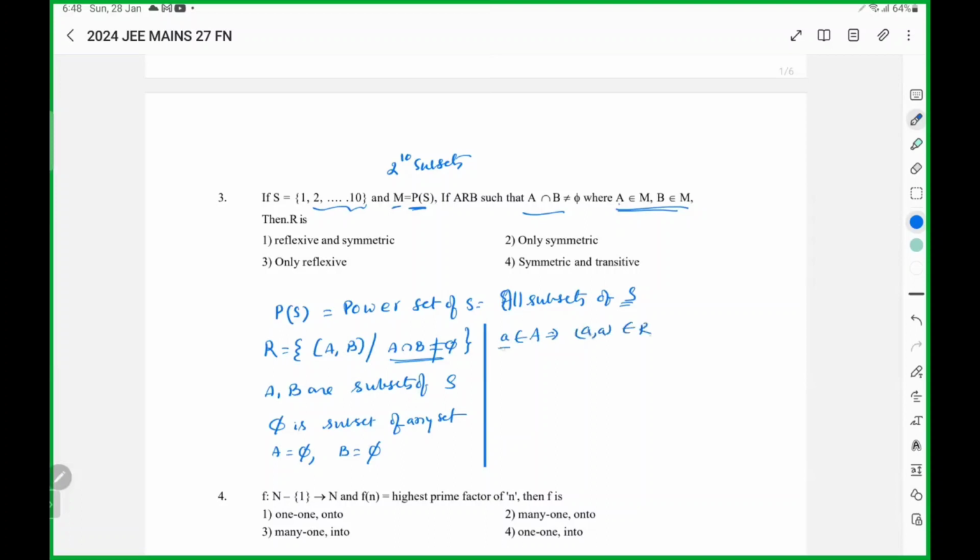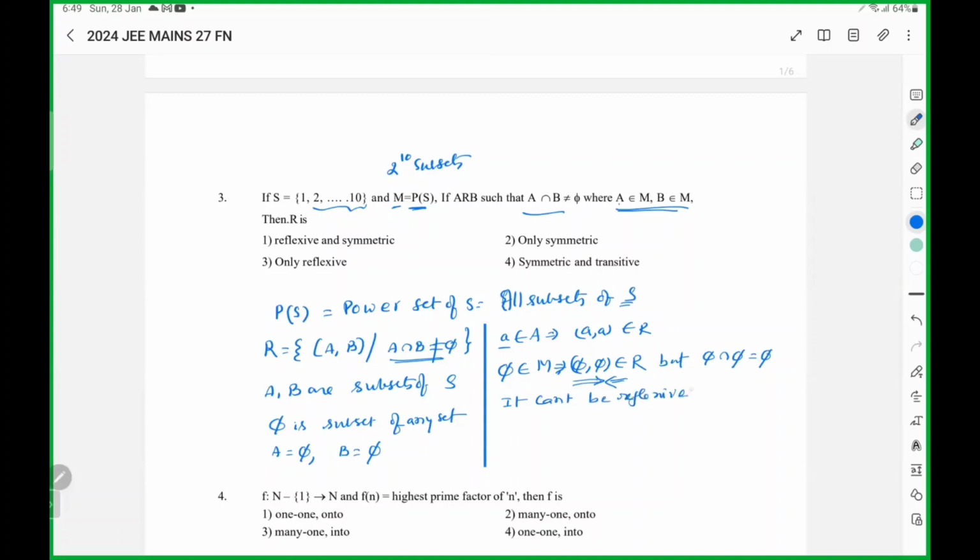Here phi belongs to M, which implies (phi, phi) must be there in the relation. But the element is there in the relation only when the intersection is not empty. Phi intersection phi is empty, which is contradicting. That means it cannot be reflexive.